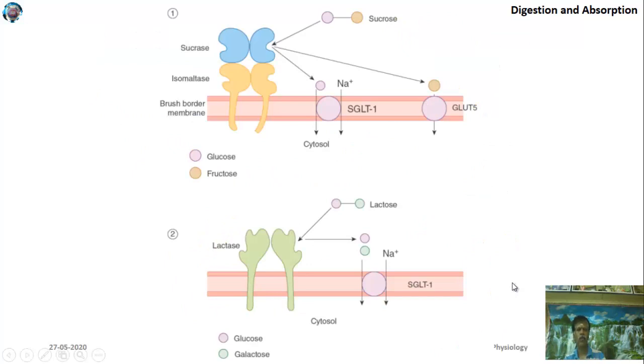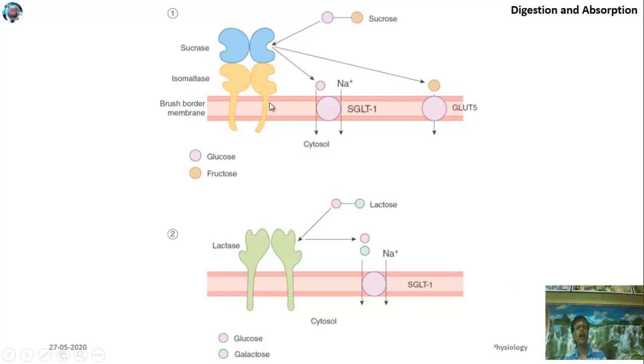Once the carbohydrate is digested, in the intestinal lumen, the molecule has to be absorbed across the intestinal wall. This is carried out by certain transporters present on the brush border membrane. Even the enzymes responsible for this digestion are present on the surface of the membrane.